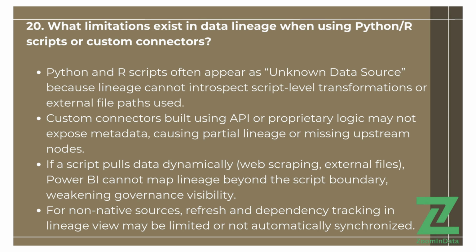If a script pulls data dynamically, such as web scraping or external files, Power BI cannot map lineage beyond the script boundary, weakening governance visibility. For non-native sources, refresh and dependency tracking in Lineage View may be limited or not automatically synchronized.